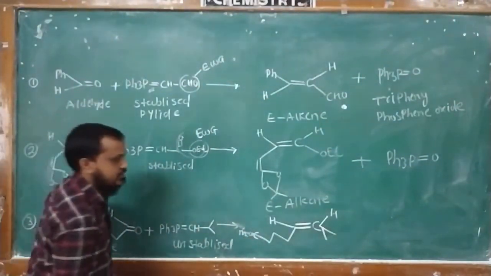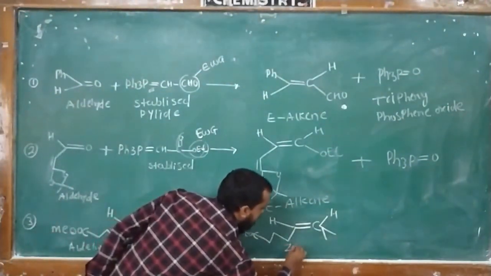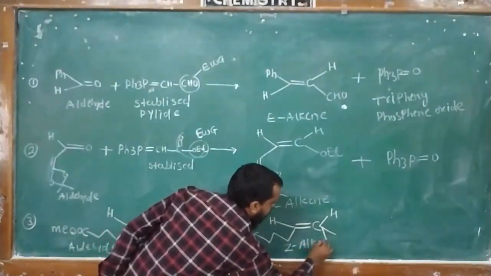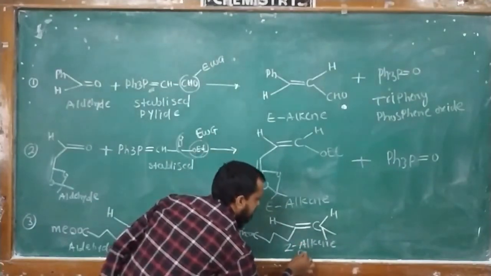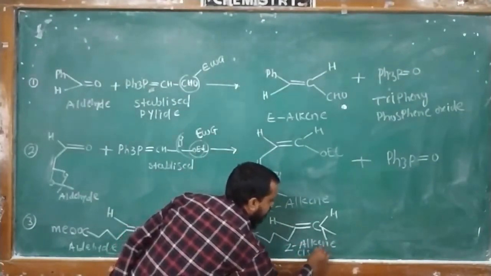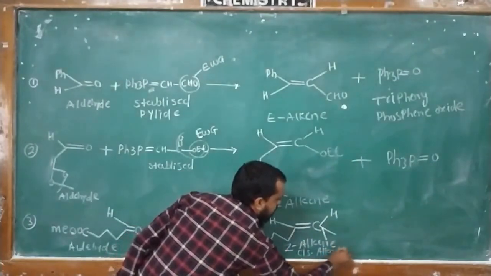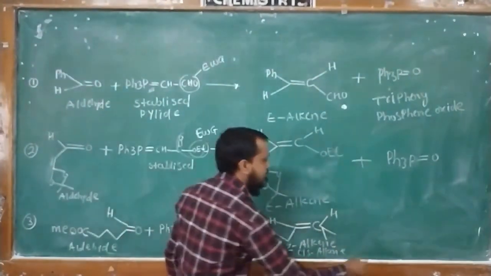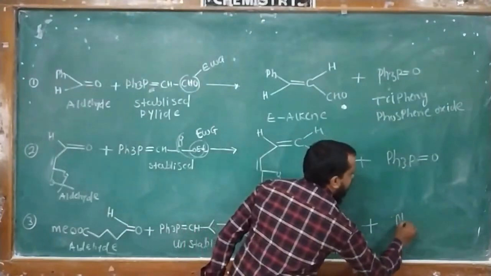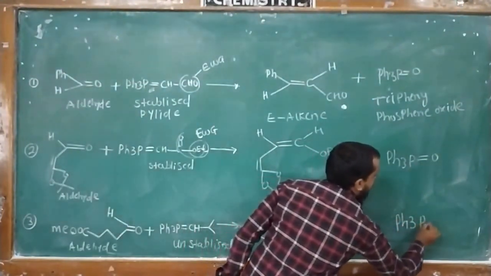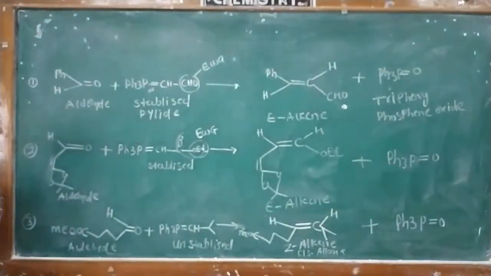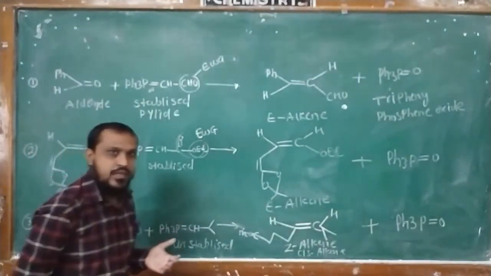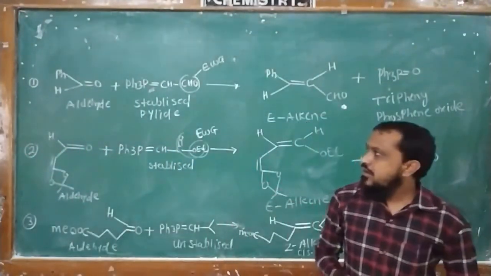This is the Z alkene, also called the cis alkene. And the other product obtained here is triphenyl phosphine oxide.